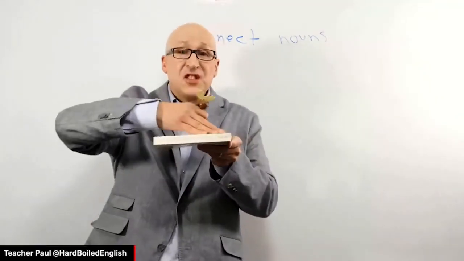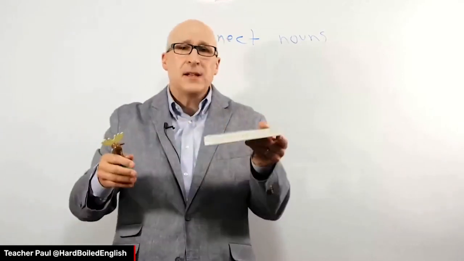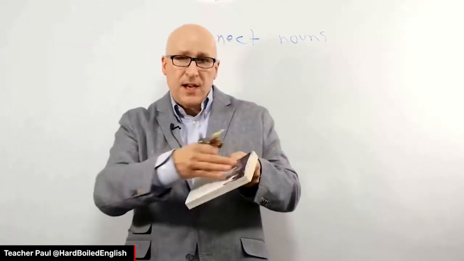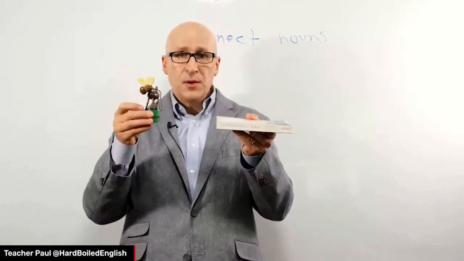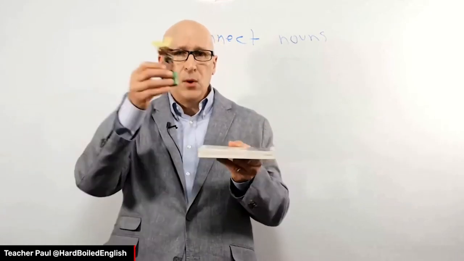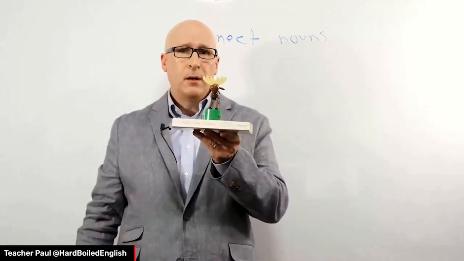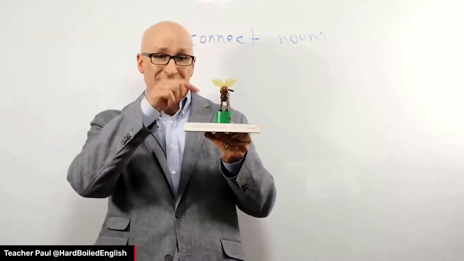Or let's try something different. We have a flat surface, okay? And a surface is usually a two-dimensional flat thing. In this case, a book surface. If I say book, moose, there's really no relationship clear, right? What if I say moose on book? Now the relationship is clear. The moose is on the book.